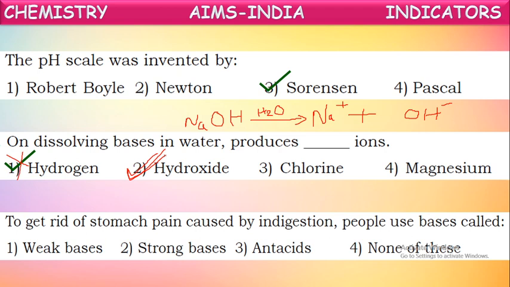When it is consumed, it reacts with the excess acids and neutralizes them, so that we get rid of this indigestion. So those medicines which we take to get relief from indigestion are called antacids, which neutralize the acids. Antacids, for example, milk of magnesia or magnesium hydroxide.